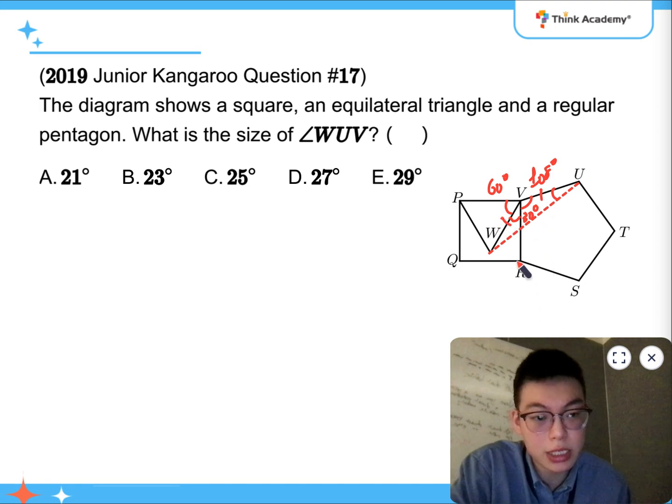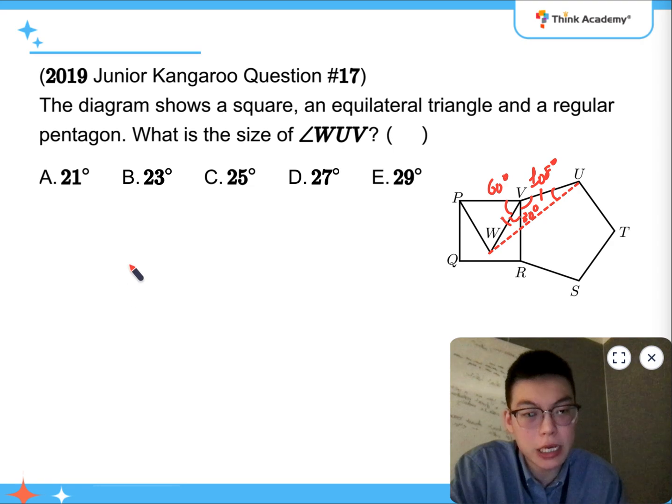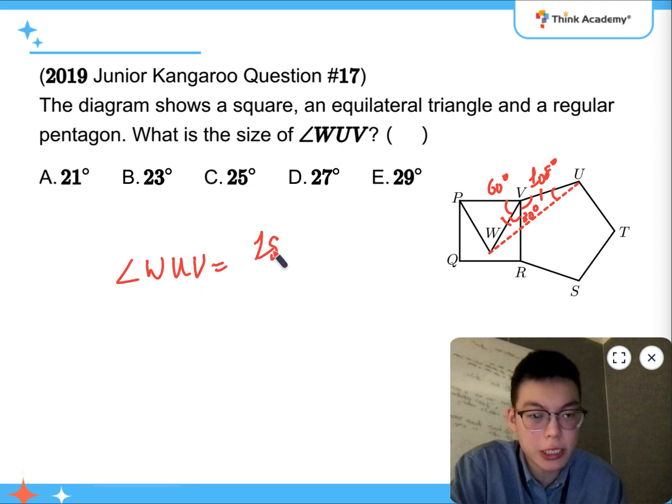And these two sides are the same, which means WUV is an isosceles triangle with a 138-degree top angle. So the base angle is equal to 180 take away 138 divided by 2, which is 42 divided by 2, that is 21.